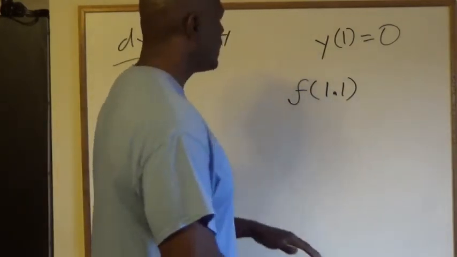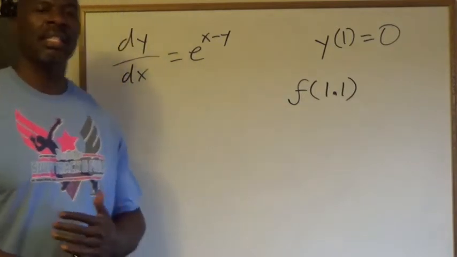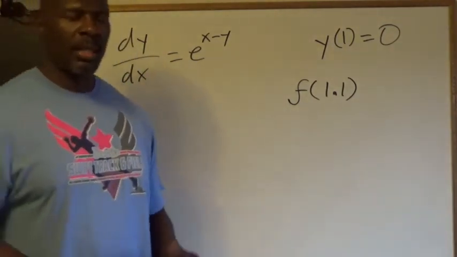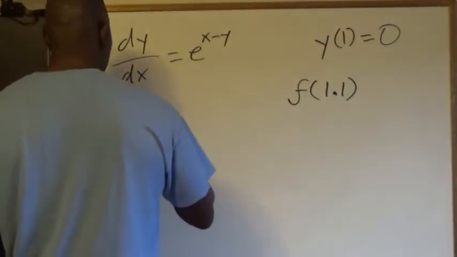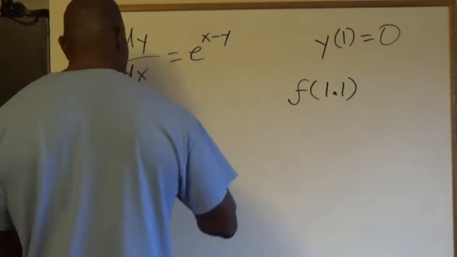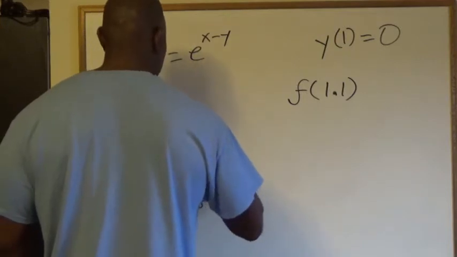So again, to find the equation of the tangent line, the only thing I really need to find is the slope. The slope is a differential equation evaluated at x0 and y0. So my slope will be dy by dx evaluated where x is 1 and y is 0.